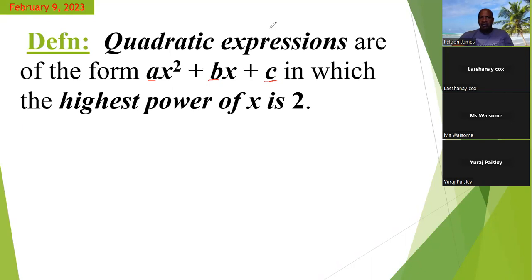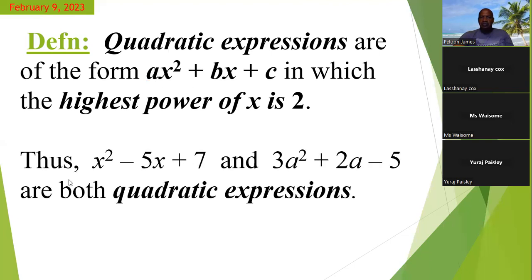So when you see a quadratic, those are the characteristics, or the attributes, that you look for to tell you that you have a quadratic. And so first, before we try to factorize any expression, we try to identify the type of expression we have.